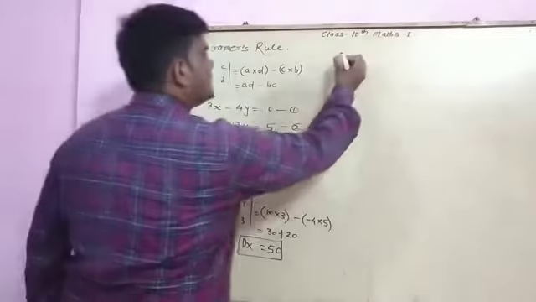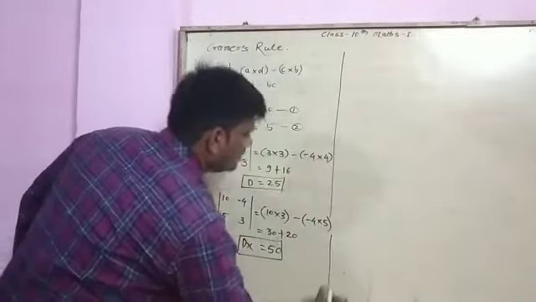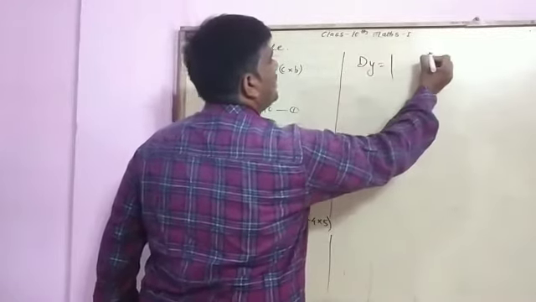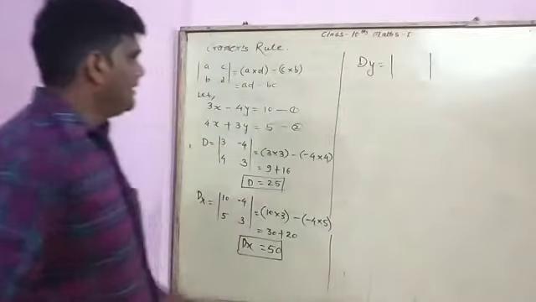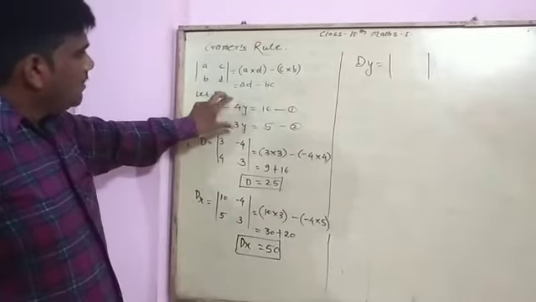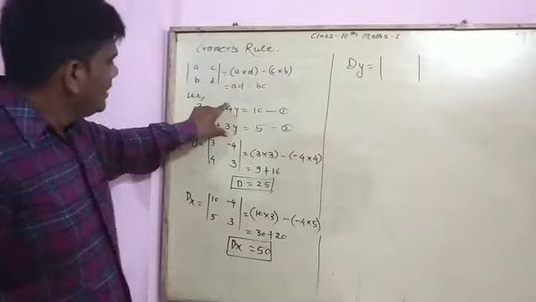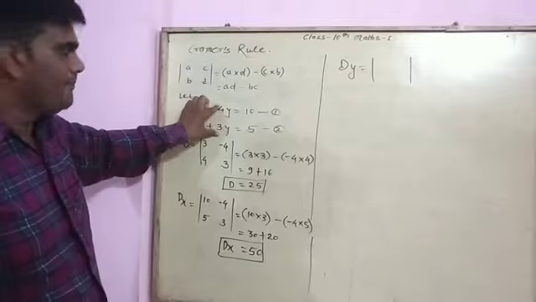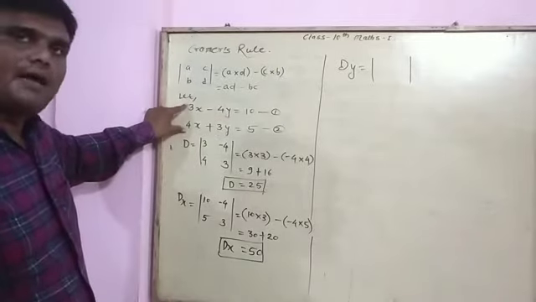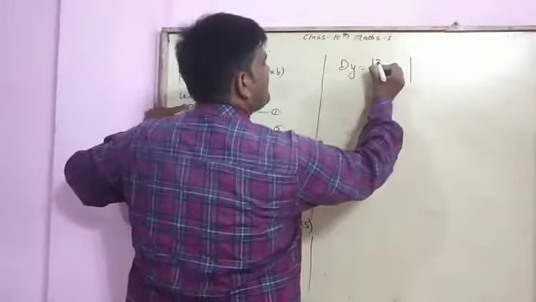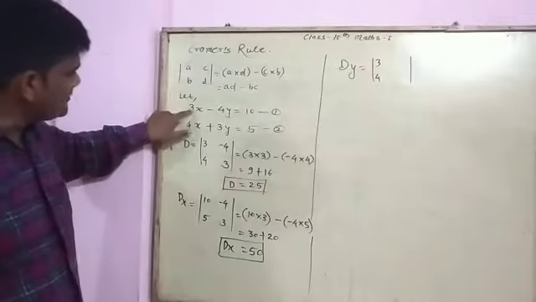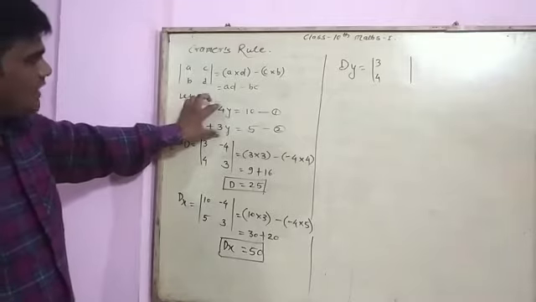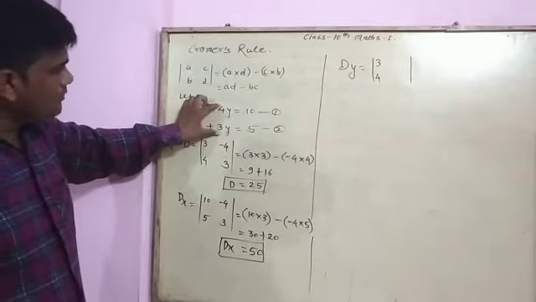Now students, we have to find the value of Dy. Again, we take the determinant. While finding Dy, we will not take the coefficient of y. We write the coefficient of x in the first column, 3, 4, as the coefficients of x are 3 and 4 in both equations.